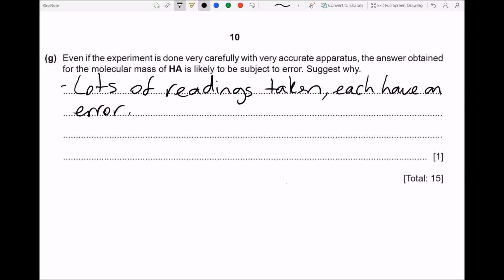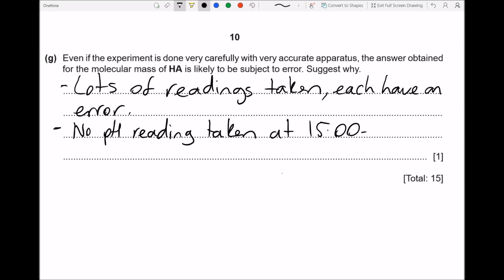Okay, so there's one. You could put another one. You'll need one of these, by the way. So we didn't take one at 15 centimeters cubed.